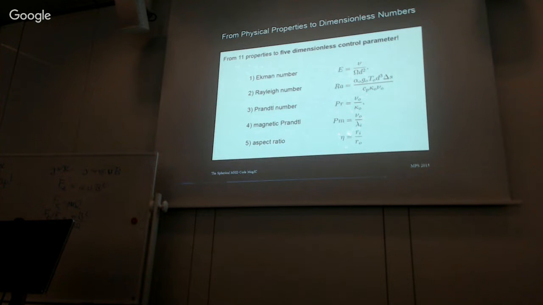Or actually, this is now the aspect ratio, so inner radius divided by outer radius. So by collecting all these 11 different properties, you can reduce them to 5, and you hope that these 5 are the truly characteristic quantities that will quantify or classify your problem. So this is the input you need for matching.